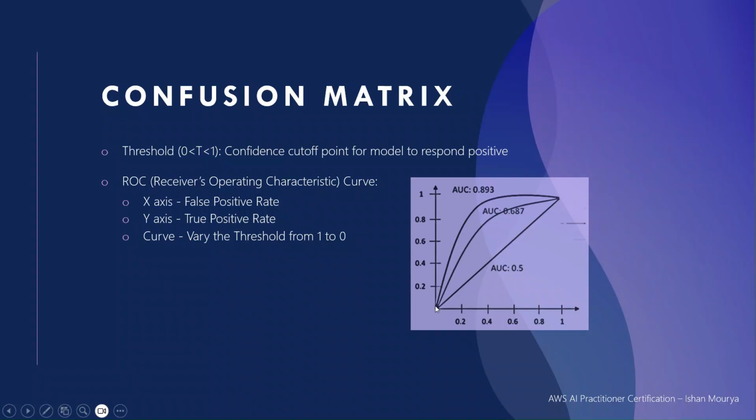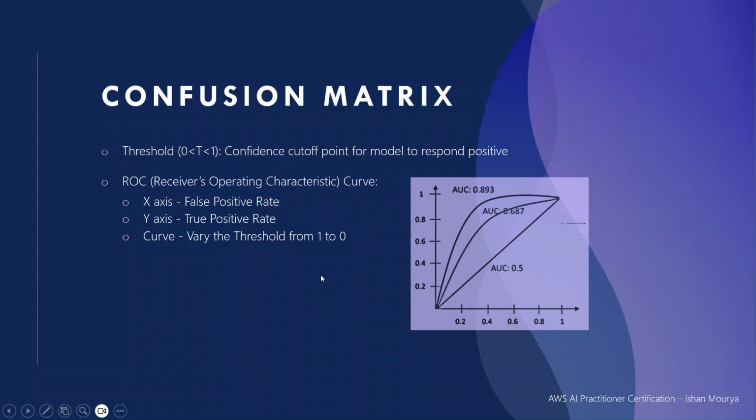So you will have zero positive outcomes from the model. Since there are zero positives, the false positive rate, which is false positive divided by something, and the true positive rate, which is true positive divided by something, will both be zero. That's why it's 0, 0.